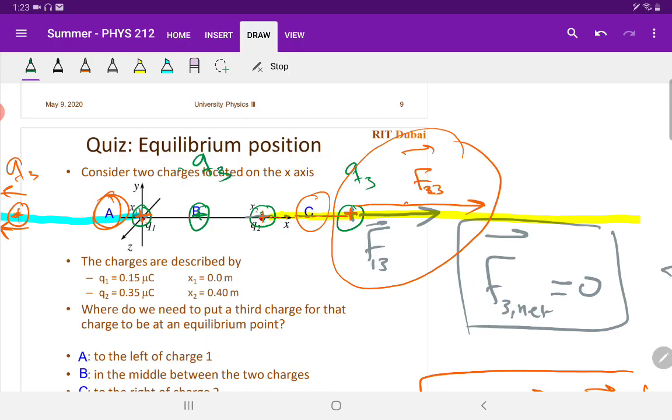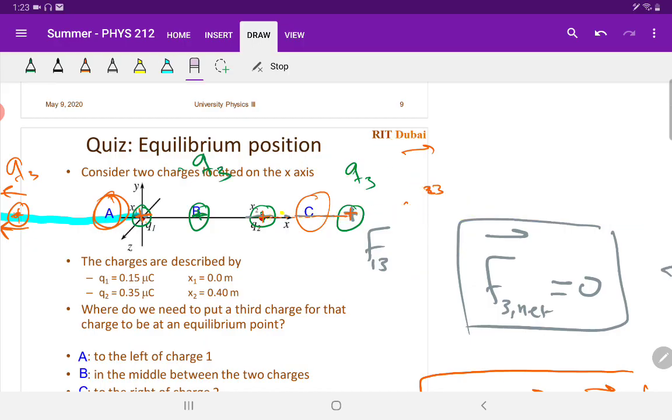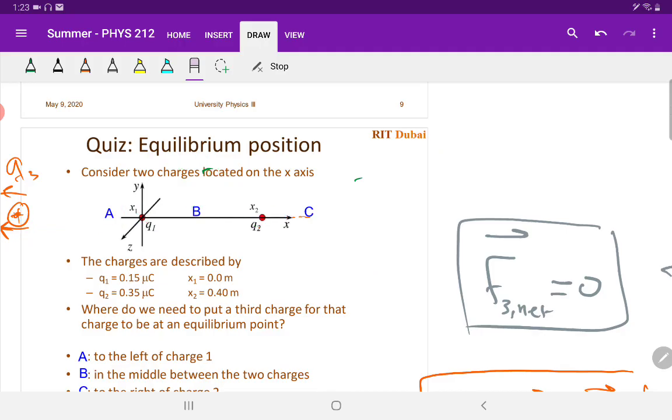This is Q3. Now let's delete everything here, so you don't get confused with the previous steps. So now I place this Q3 somewhere here, and this is Q3.